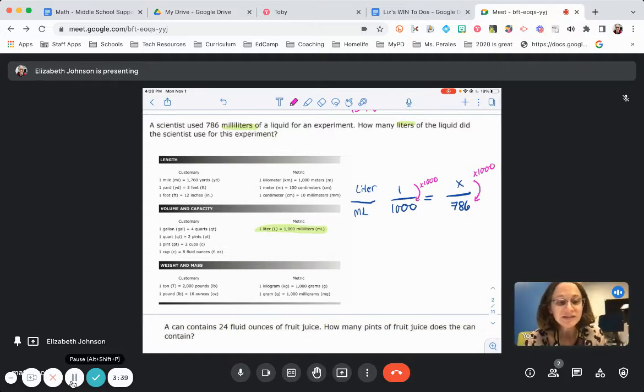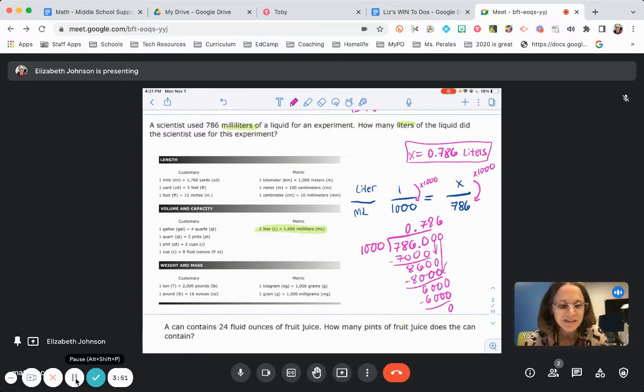Another way to say that would be 786 divided by 1,000 is x. So let's do that. Let's find x by doing 786 divided by 1,000. Okay, so we did our division and we found out that x is going to be the same as 786 thousandths of a liter, 0.786 liters. Once again, just a proportion and the formula chart.